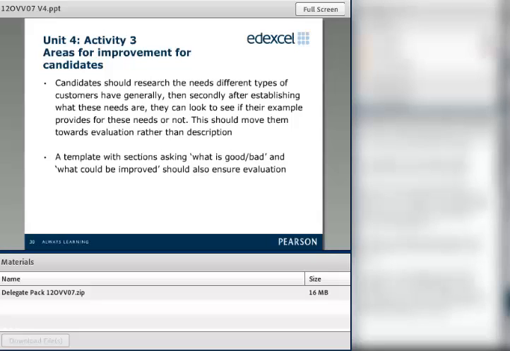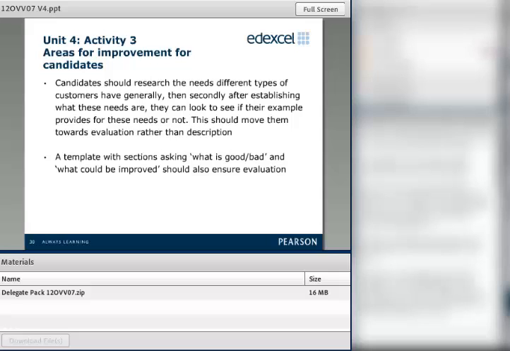So look at it widely. What is it that they need, generically? Because once the candidates understand what their possible needs could be, they can then evaluate by looking at whether the organisation meets those needs. Because if they don't understand what the needs could possibly be, their evaluation tends to be pretty woolly.